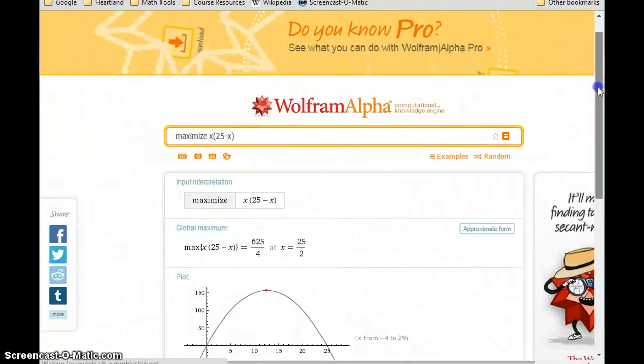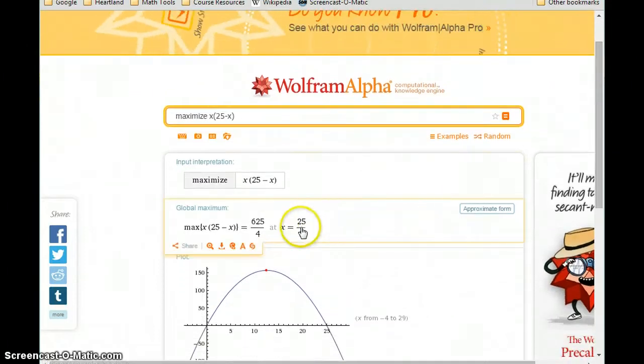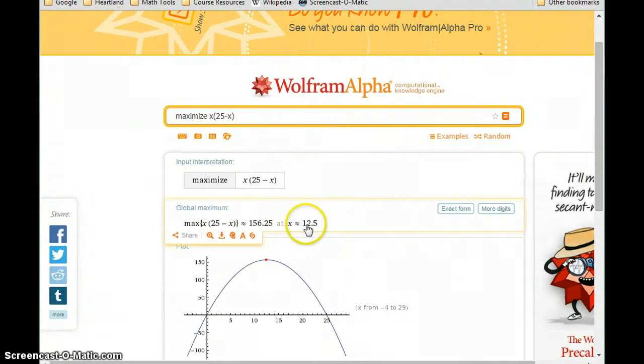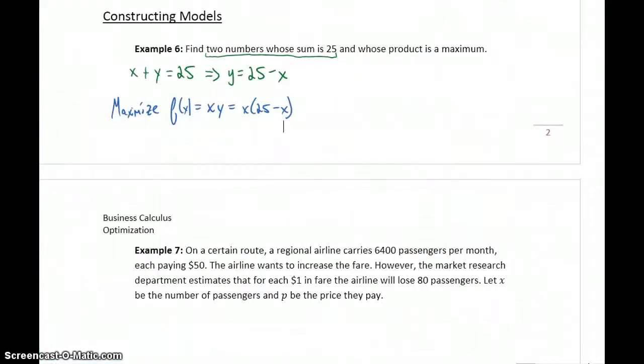So maximizing this function gives us a value of x to be 25 halves, or if we get the approximate form, 12.5. So we get our maximum function value when x equals 12.5 and y equals 25 minus 12.5.